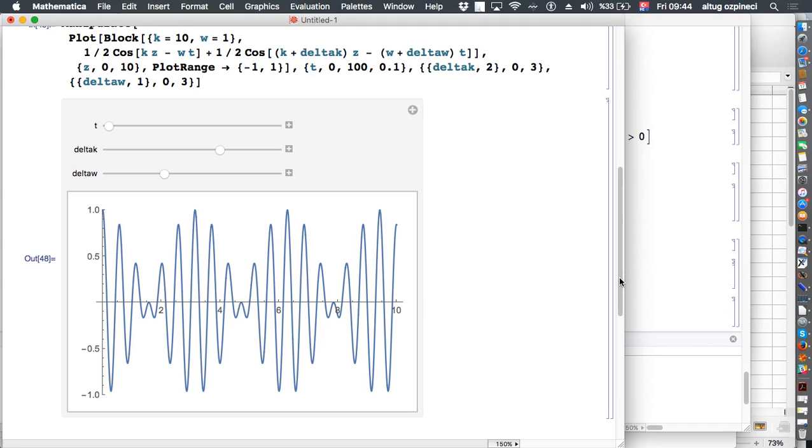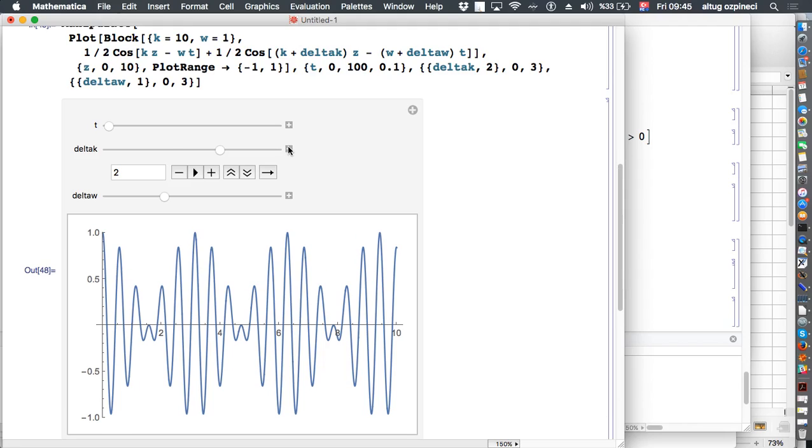Now you see, if you just look at the second line at the top, this is a wave that is made up of the sum of two harmonic waves, two cosines. These two cosines have almost the same k. One has the k value 10, the other one has the k value 12, just 20% different.